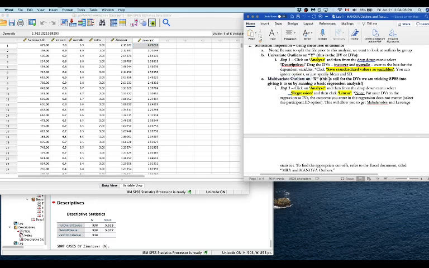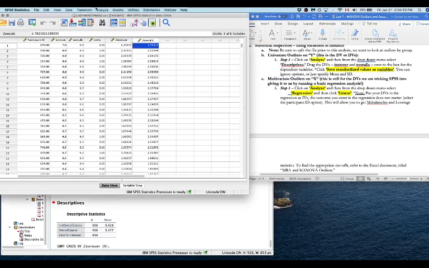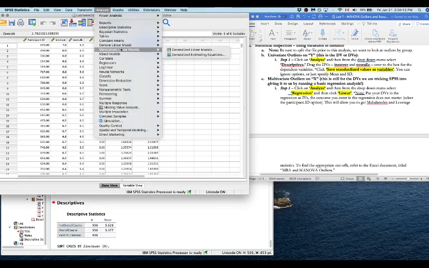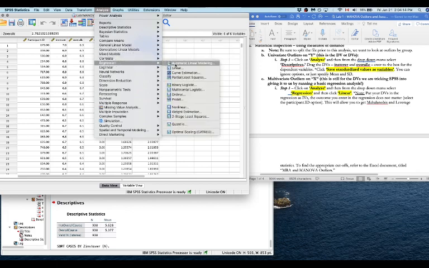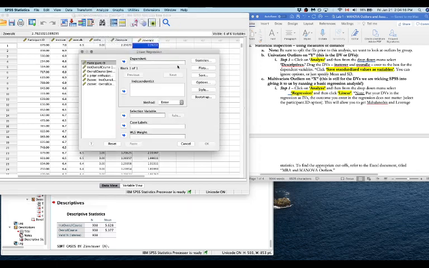Multivariate is different. Here, we are going to run a regression because we're just going to trick it into giving us what we want.